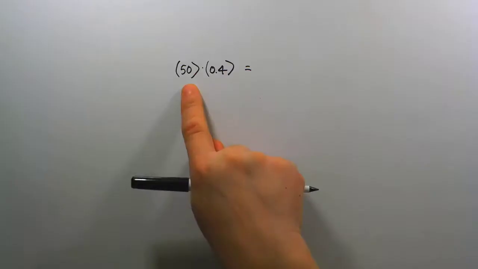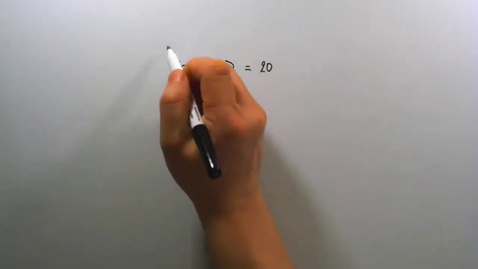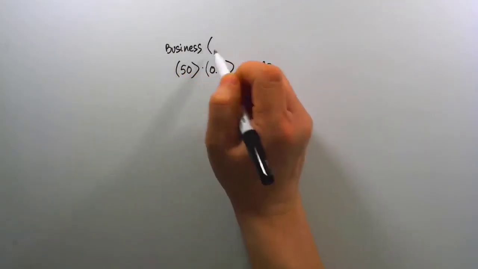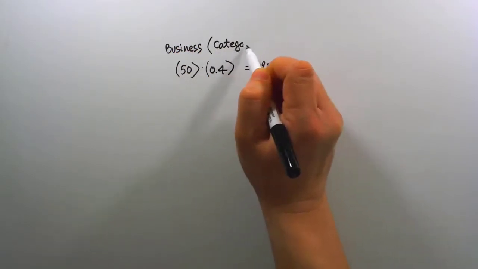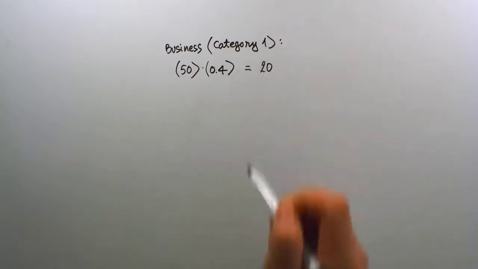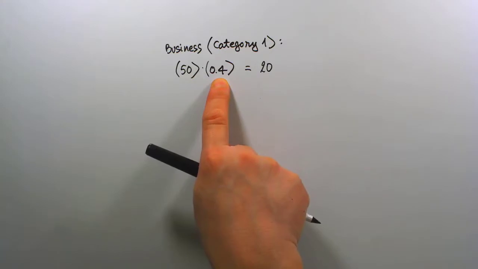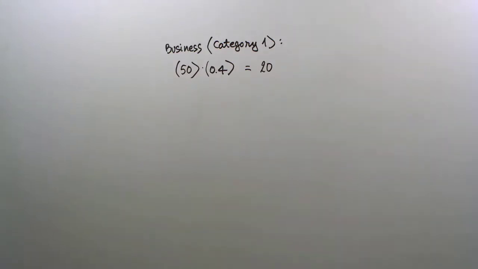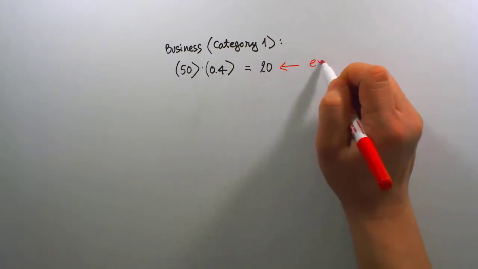Calculation shows that 50 times 0.4 equals 20. This is the business category. Seeing this as one of the categories, we can call this category 1. So what I did there, I multiplied the sample size with the claimed population proportion for category 1, the business major. We came to this value right here. So 20 is now being referred to as the expected count.